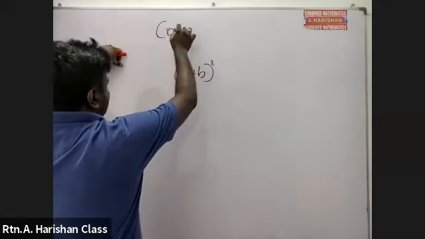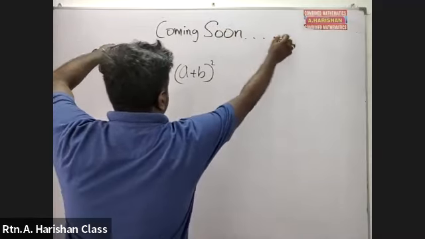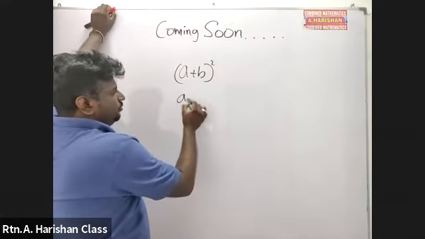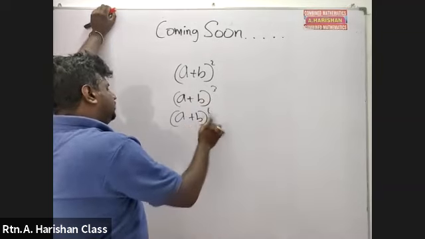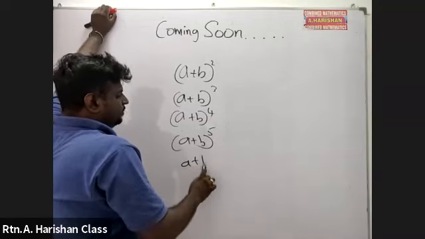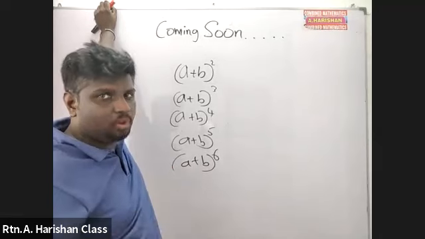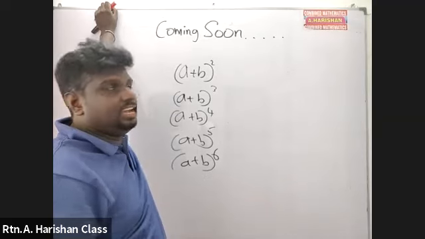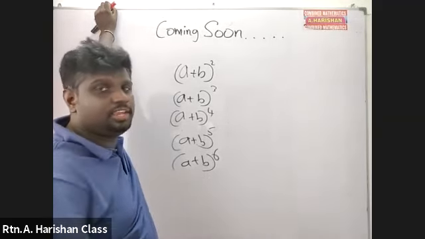So expansion of a plus b whole squared, a plus b whole cubed, a plus b to the power 4, a plus b to the power 5, even a plus b to the power 6. Try to practice at home how to expand this, and come to the next class and we'll have the surprise of how to do it in an easy way.